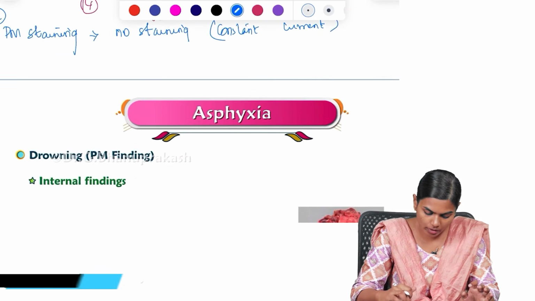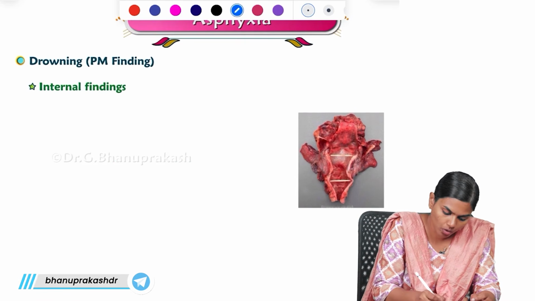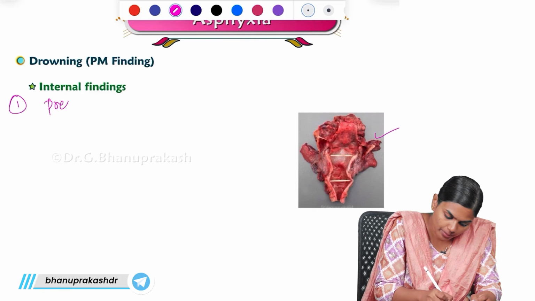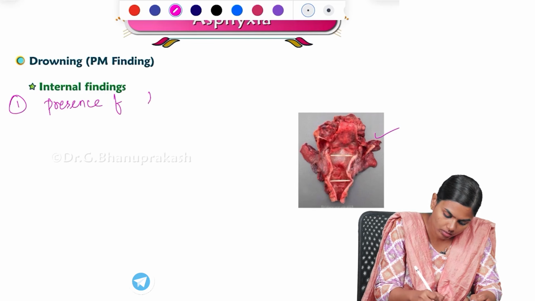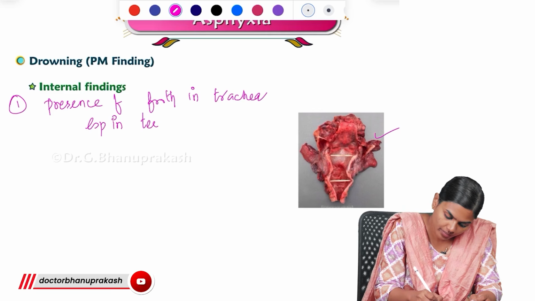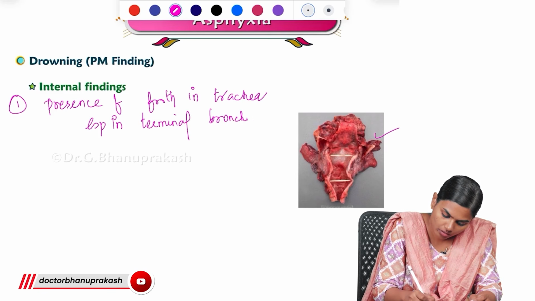So next we are going to see the internal findings. The first important finding is the presence of froth in the trachea, especially in the terminal bronchiole.